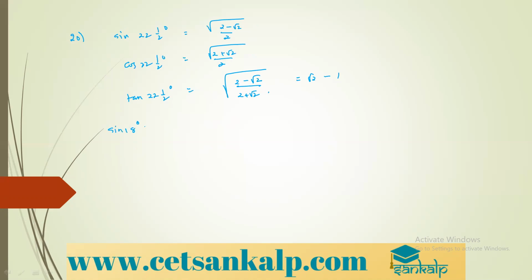Similarly, sin 18 degrees or cos 72 degrees is (root 5 minus 1) by 4. Cos 18 degrees or sin 72 degrees is root of (10 plus 2 root 5) by 4.